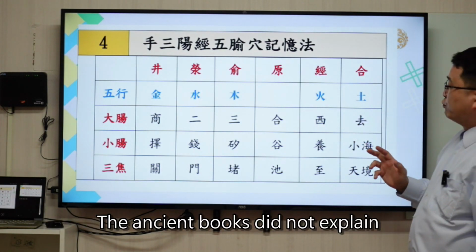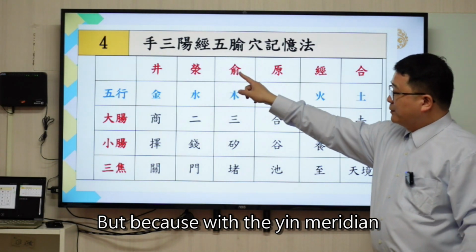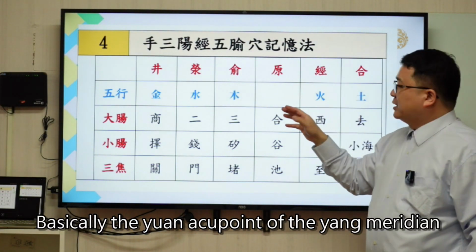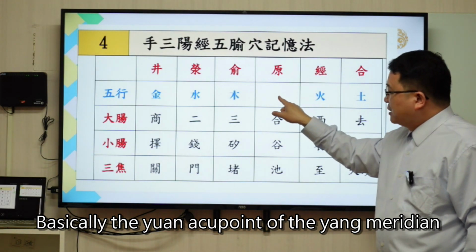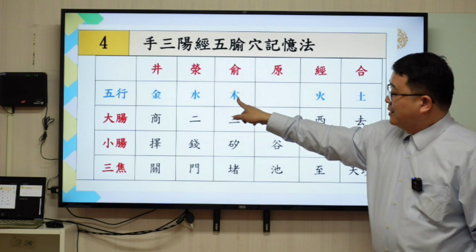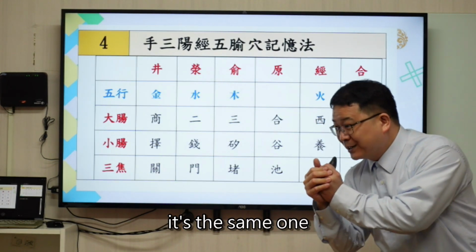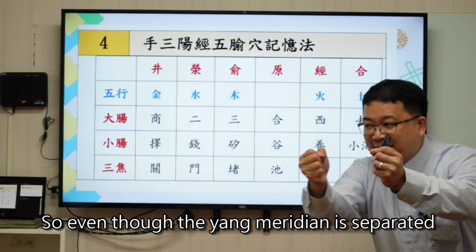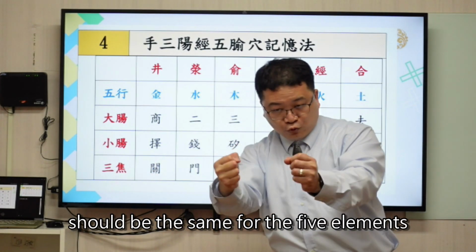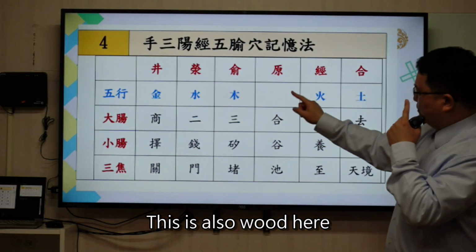The ancient books did not explain the properties of the Yuan source, but because with the Yin meridian, Shu and Yuan are the same acupoint, we determined that basically, the Yuan acupoint of the Yang meridian shares the same properties. Because in the Yin meridians, it is tied together. It's the same one, so even though the Yang meridian is separated into a different acupoint, we think its properties should be the same for the 5 elements. So you can label this as Yuan acupoint. This is also wood here.